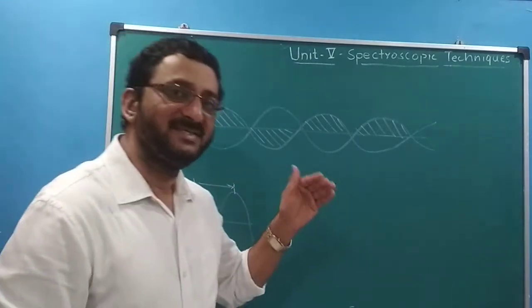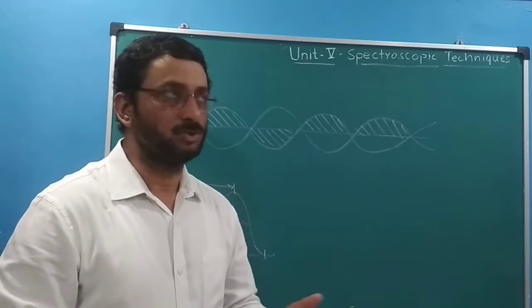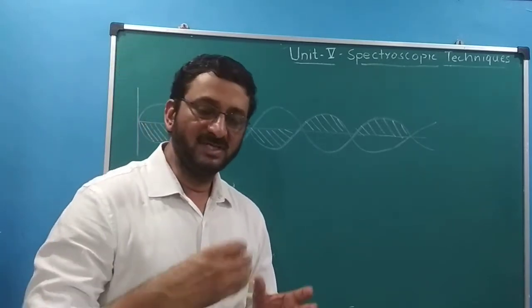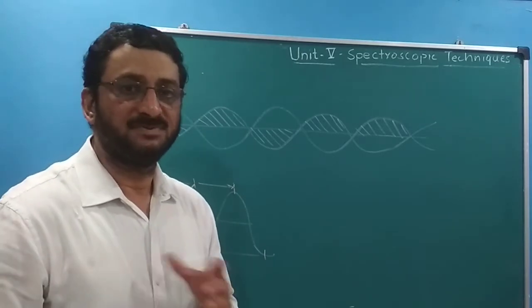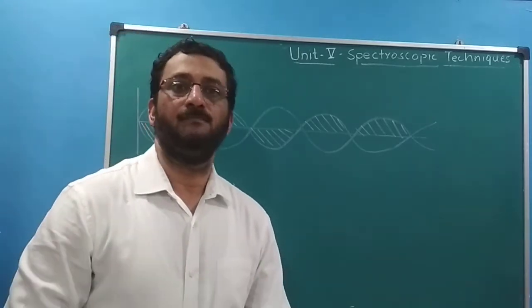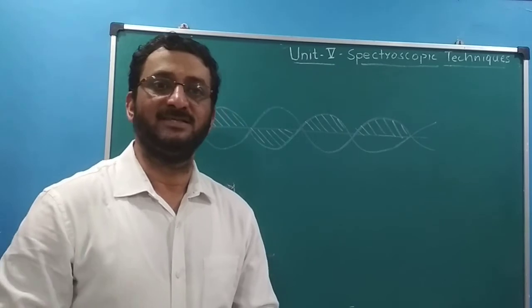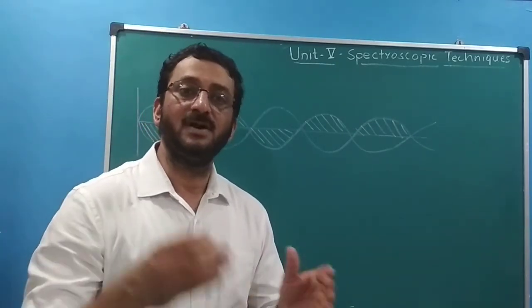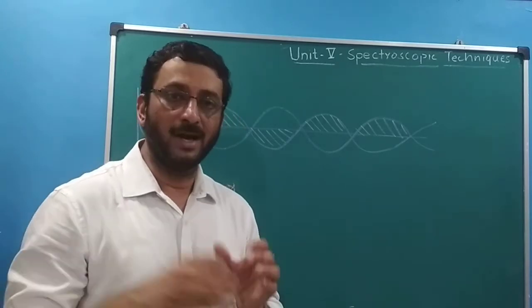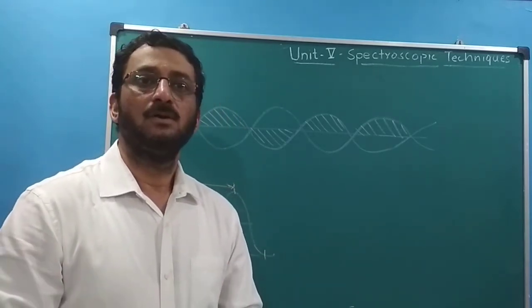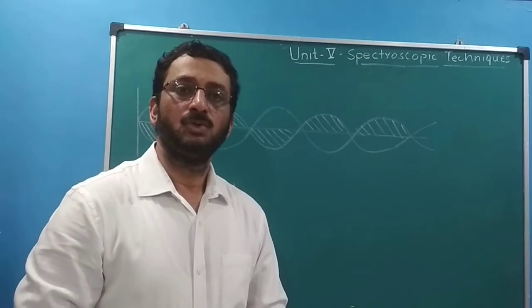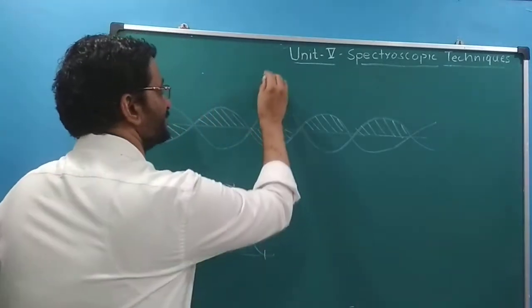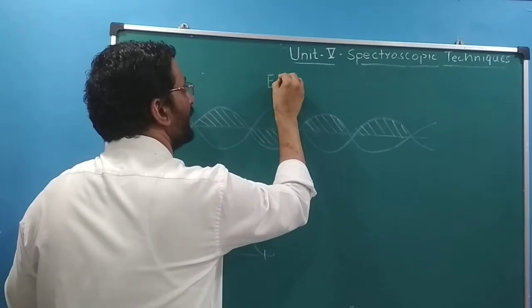So what is the basic part of the different spectroscopic methods? We allow the sample substance, or the molecule under analysis, to interact with different types of light, different types of radiations. We allow it to interact with electromagnetic radiations or EMR.